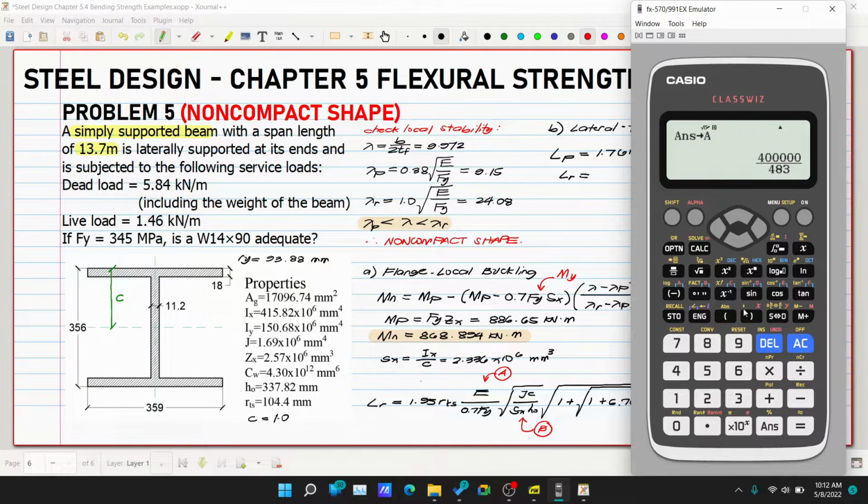So, alpha A. And then, Jc, 1.69 times 10 raised to 6 multiplied by c over Sx, which is 2.336 times 10 raised to 6 multiplied by ho na 337.82. Yan. So, ito yung ating alpha B.